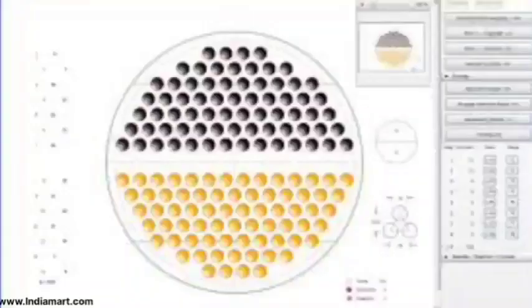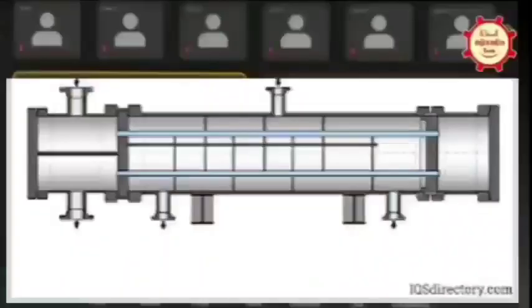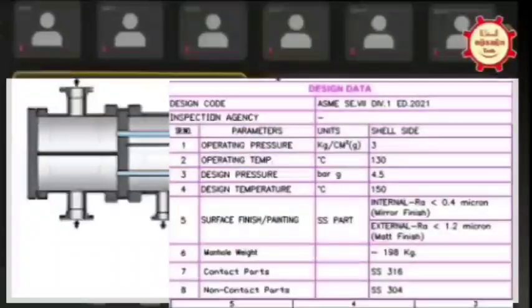Things like this, and of course you should know the type and configuration of the tube sheet. When we design a shell or dish, in the formula we have joint efficiency, allowable stress of the material, design pressure and temperature.